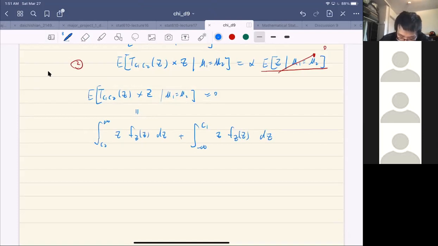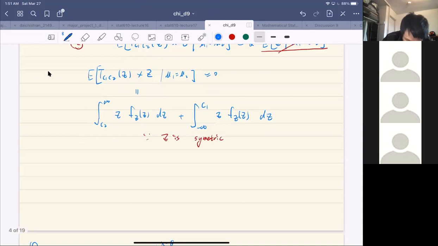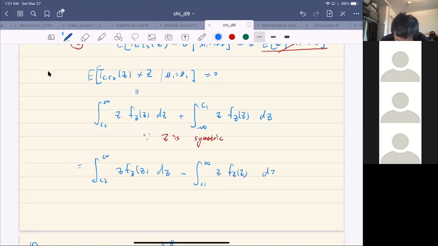We know that Z is symmetric, so this is equal to this term, the same, minus the integral from C1 to infinity.